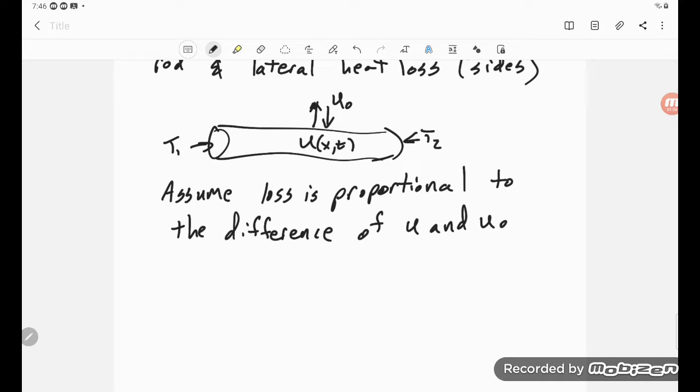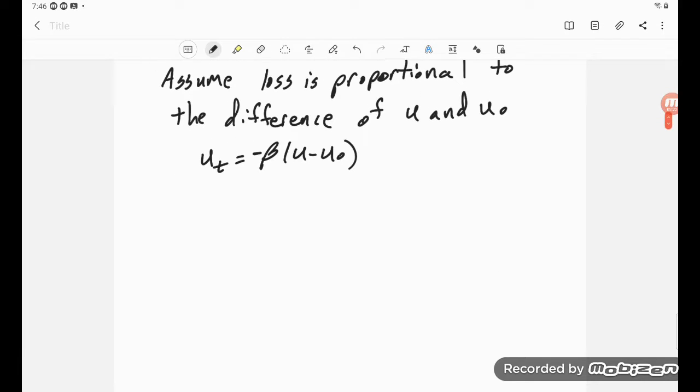So that's Newton's law of cooling. That typically, if you were just looking at a straight time problem, you would have something like U sub T is some beta. We'll put a minus on this, U minus U0, something like that. So we do the same thing here.